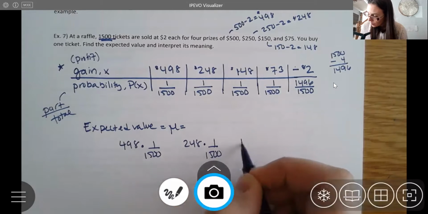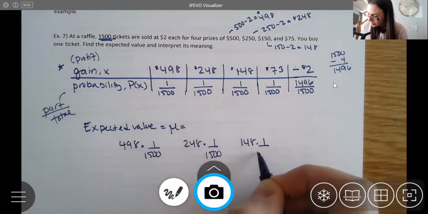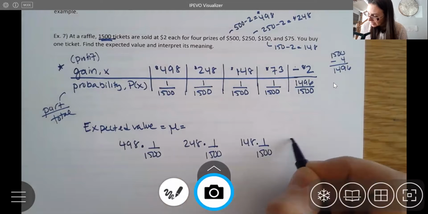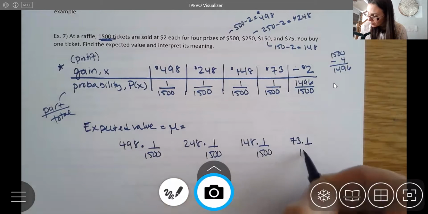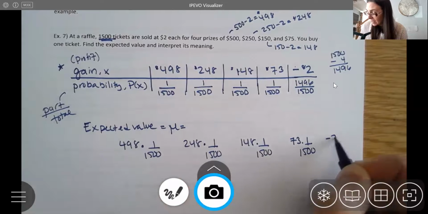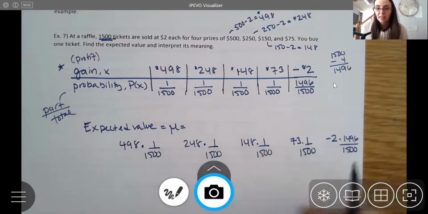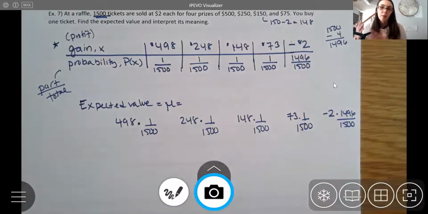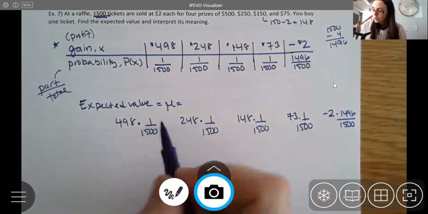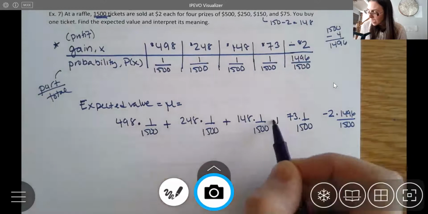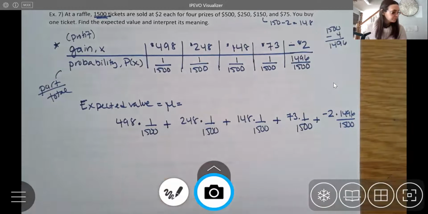I take that 148 and multiply by 1 over 1,500. I take that 73 and multiply by 1 over 1,500, and I take that -2 and multiply by 1,496 over 1,500. And remember when we did means, after we multiplied everything out in our table, we added it all up. So I'm going to multiply these out and add them up here.